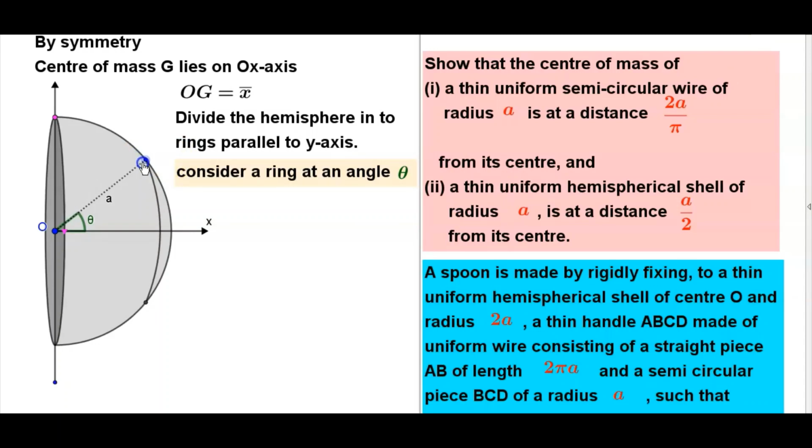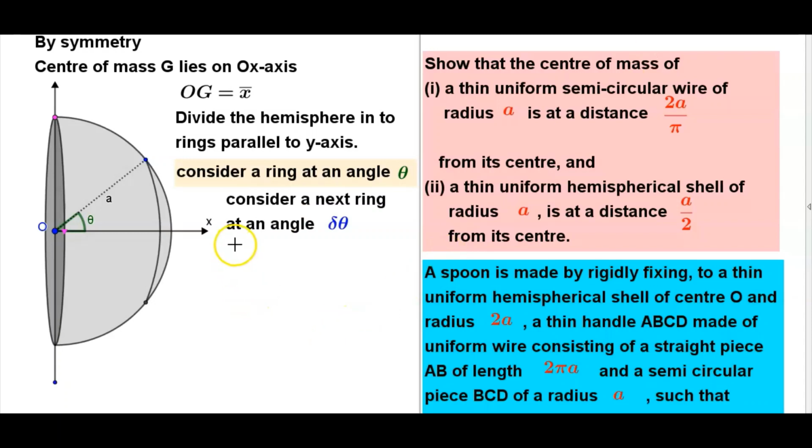We divide this hemisphere into so many rings, with theta varying from 0 to pi by 2. So one of the rings is at an angle theta.